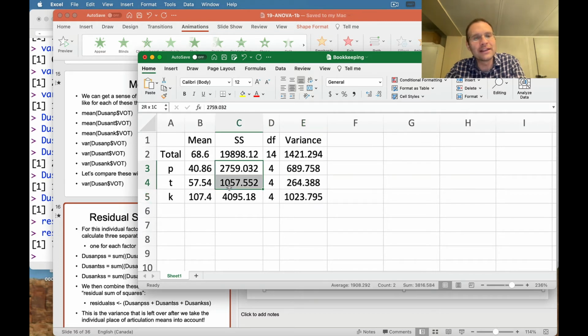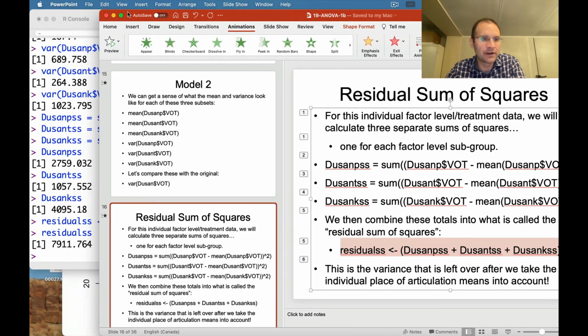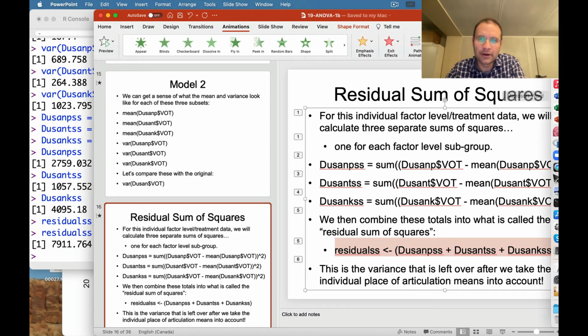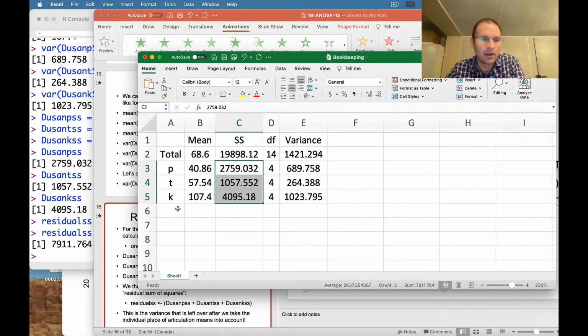The point I wanted to make is that if you add this whole thing up for the residual sum of squares, and maybe I'll do that here and put it in the spreadsheet as well, you get a smaller number than the total sum of squares up here. So 7,900 is smaller than this, which is almost 20,000. Here's the point.